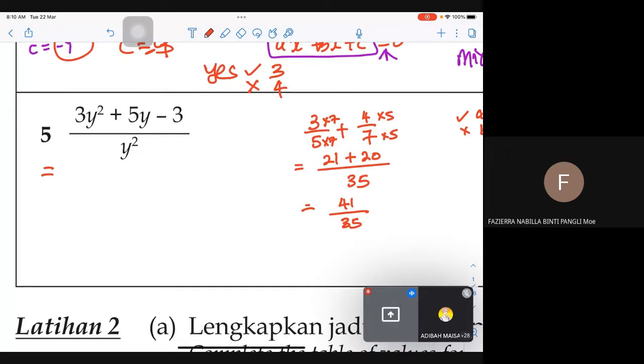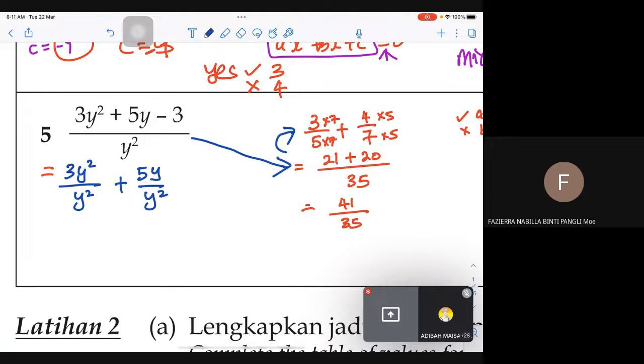Actually, you can consider this one as this one. Then we reverse back. This means actually we can separate it into this one. All right, then this one we simplify.